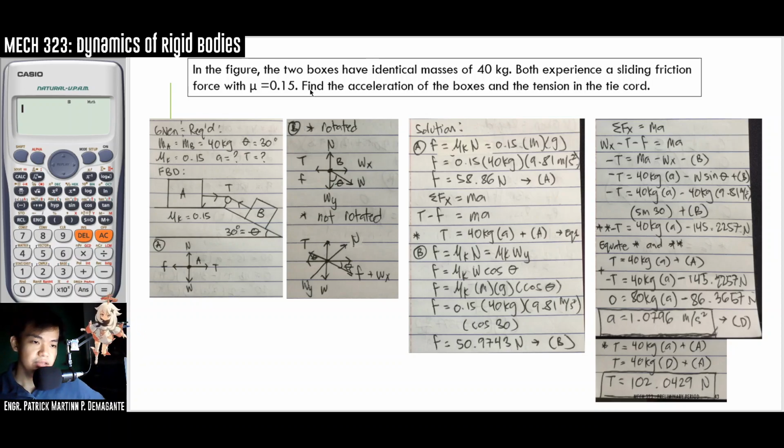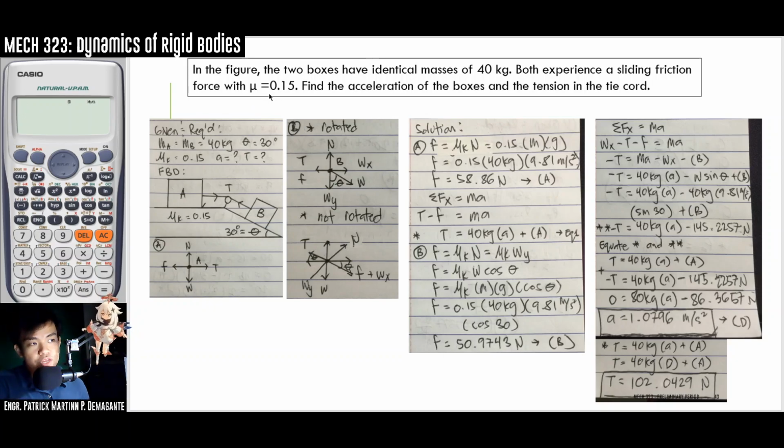So, dito kasi, check natin if moving ba talaga siya. Kung ano bang gagamitin nating friction. Kung yung kinetic friction ba, yung static friction. Pero ang sinabi naman dito, merong tayong sliding friction force with mu is equal to 0.15.